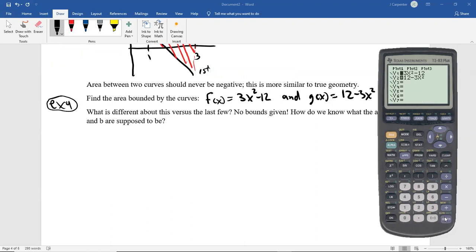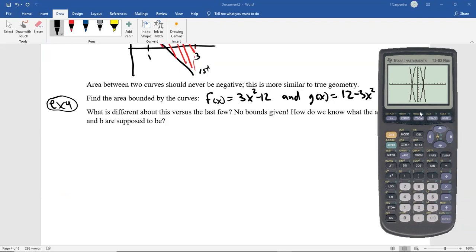I'm going to pause it. That right there is just the f function, 3x squared minus 12. You should all know that that's an upward facing parabola because the biggest term is an x squared with a positive coefficient. Now I'm going to hit enter and unpause it, and it's going to draw the second one. 12 minus 3x squared should be a downward facing parabola. So here comes our downward facing parabola. Here's the g of x.